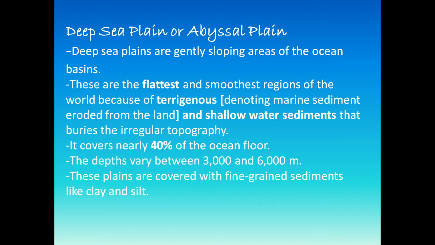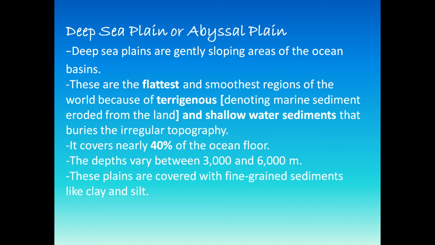Deep sea plains are sometimes such big, large areas that they are like plains of the surface of the earth. Deep sea plains are gently sloping areas of the ocean basins. These are the flattest and smoothest regions of the world because terrigenous and shallow water sediments bury the irregular topography.